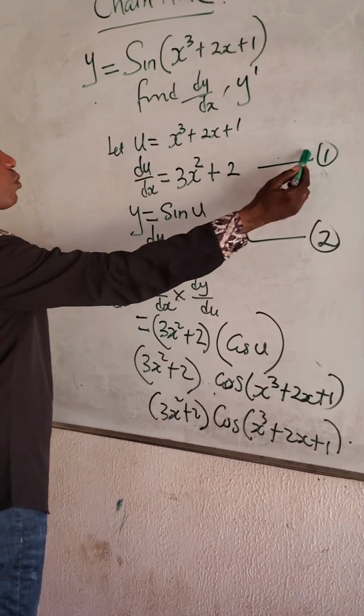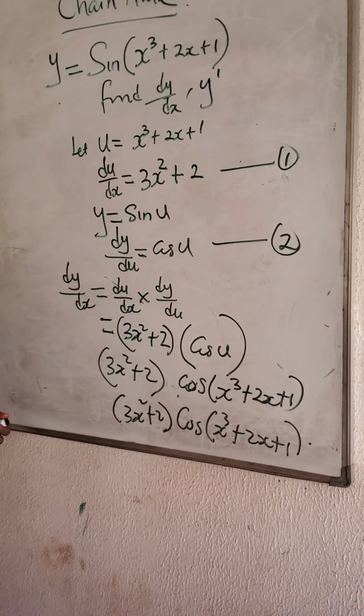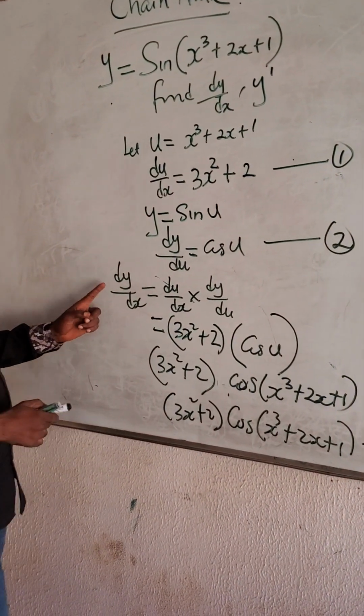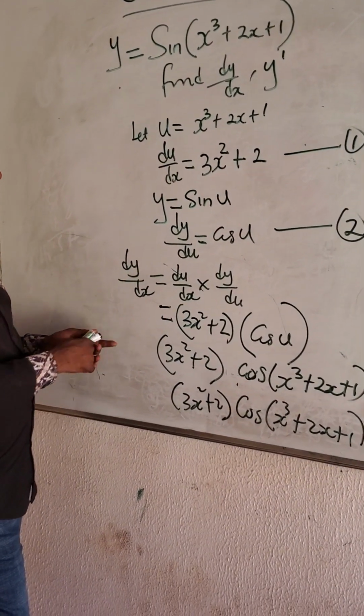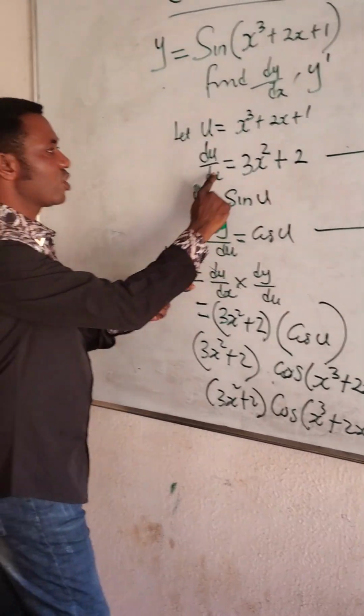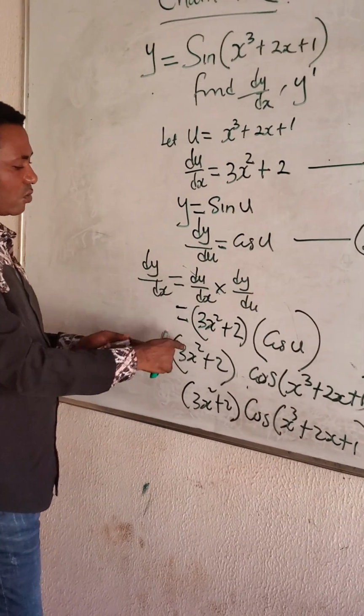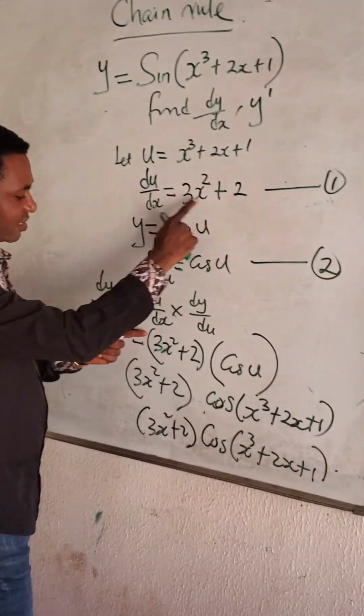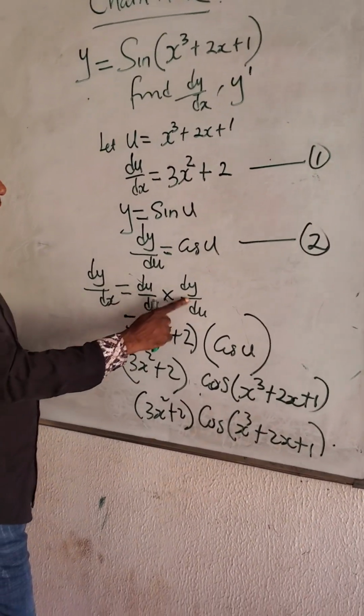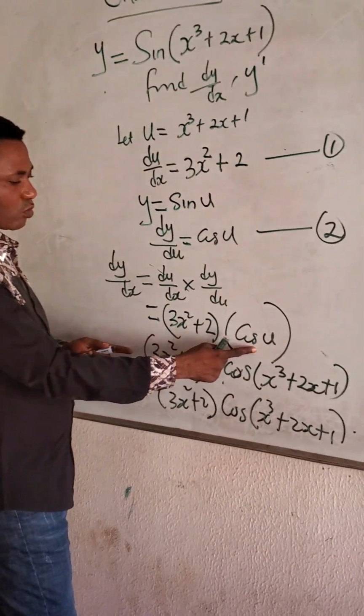So when we multiply equation 1 by equation 2, we will now have dy/ds equal to du/ds multiplied by dy/du. Du/ds is this, I bring it here, then dy/du is cos u, bring it there.